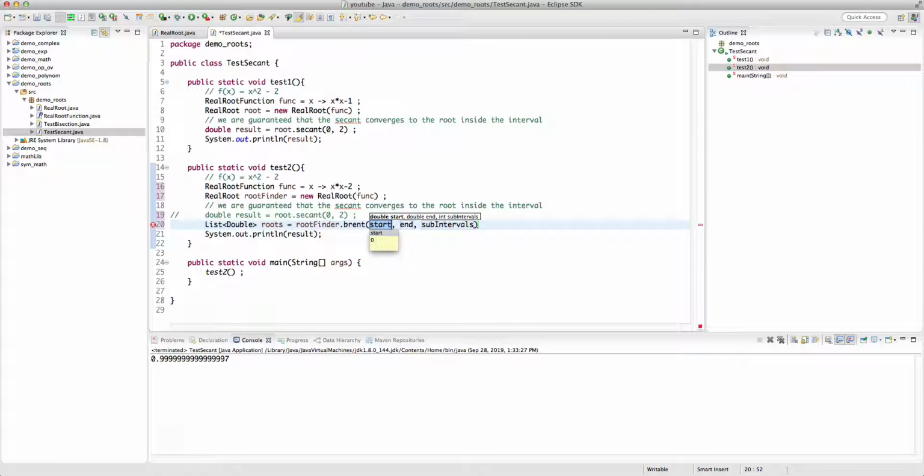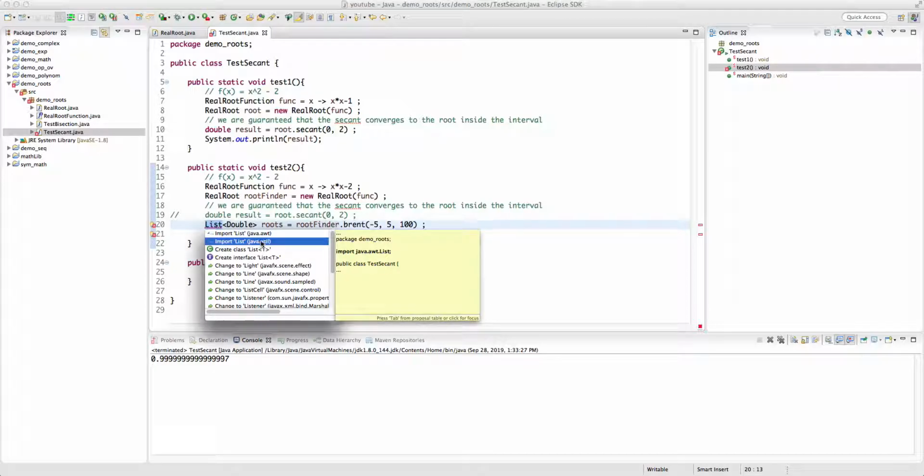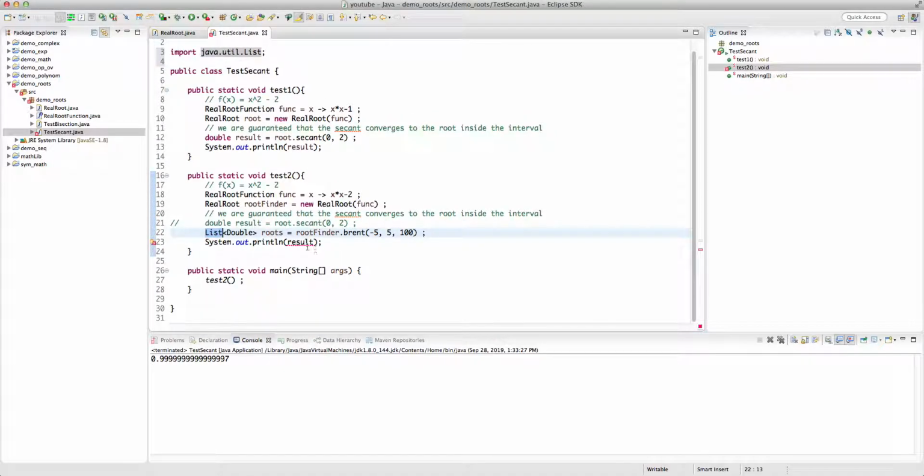We're going to start with minus 5 to 5 and 100 subintervals. So here we don't care about, let's import the list from the Java util. And then let's print the results.